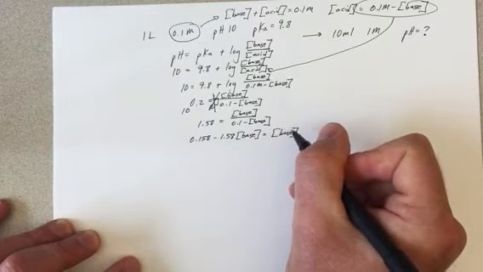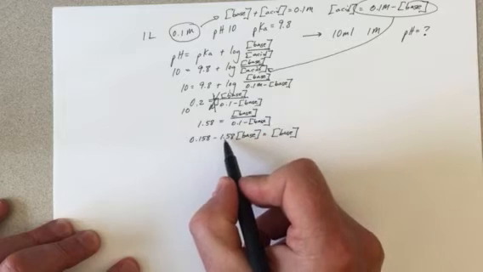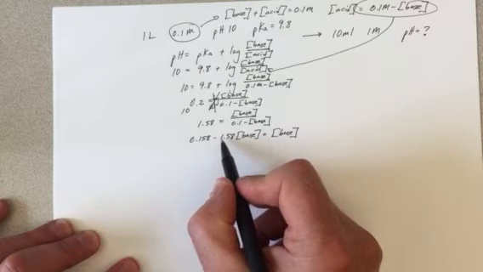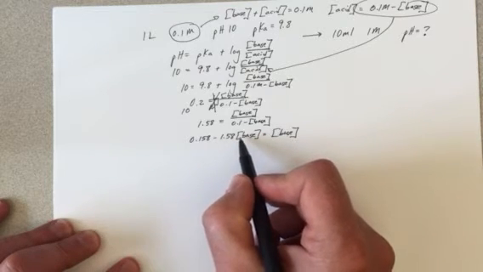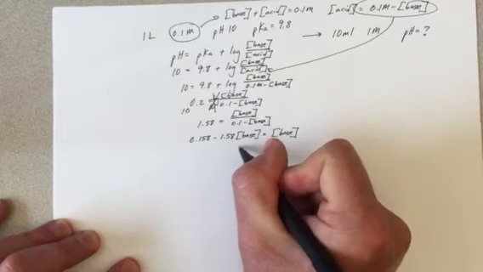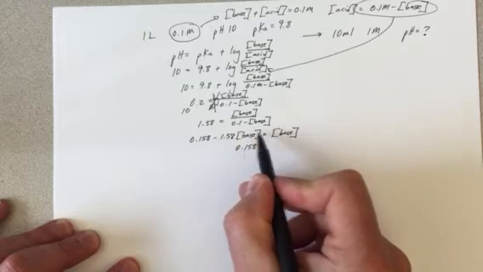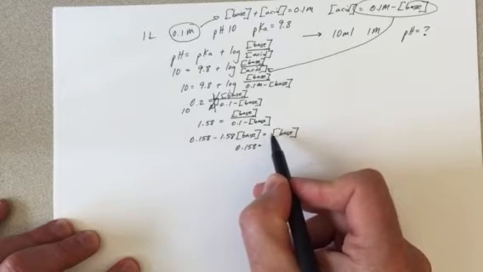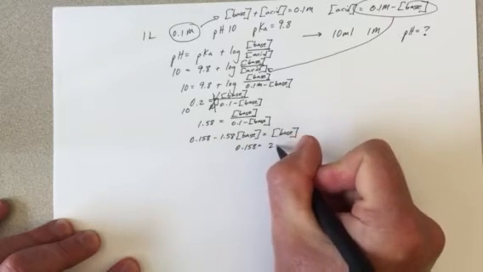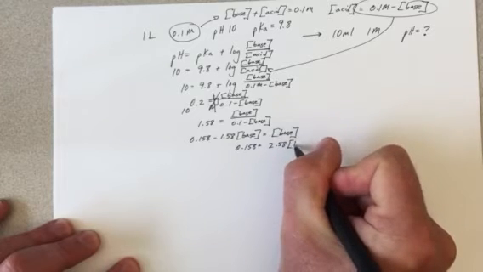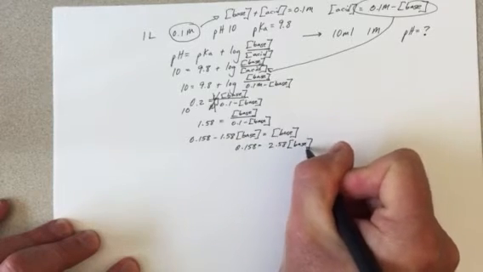I'm going to move my base to one side, so I'll add 1.58 times concentration of base to both sides. 0.158 equals 1.58 plus 1, this is 1 base, so we have 2.58 times concentration of base.